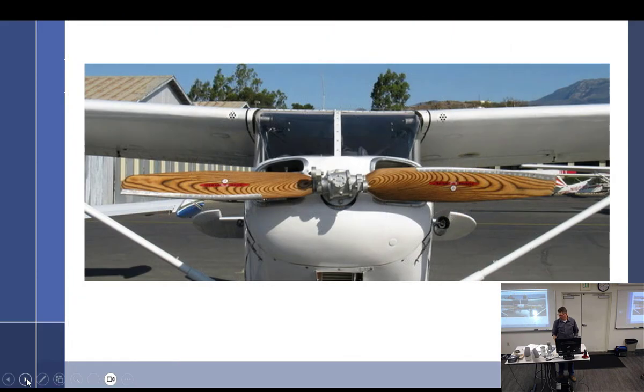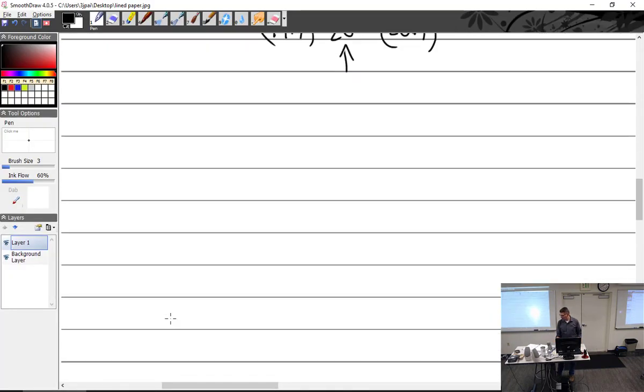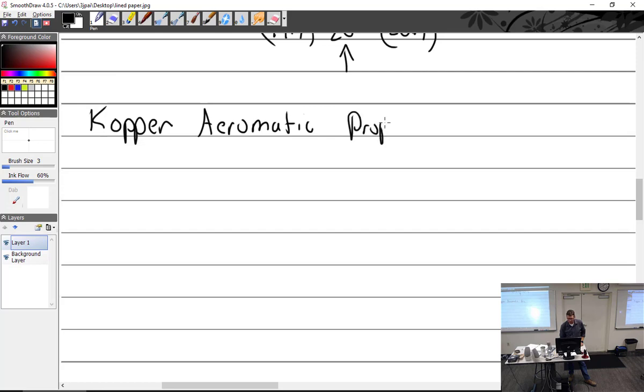We'll move right along. The next prop I want to talk about somewhat briefly, so you're aware of it, is the Koppers Aeromatic propeller. That's a very specific one.